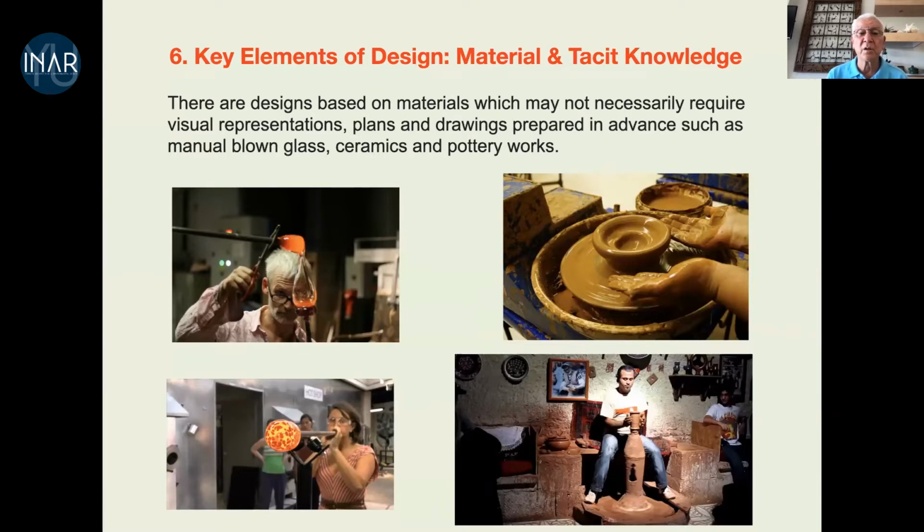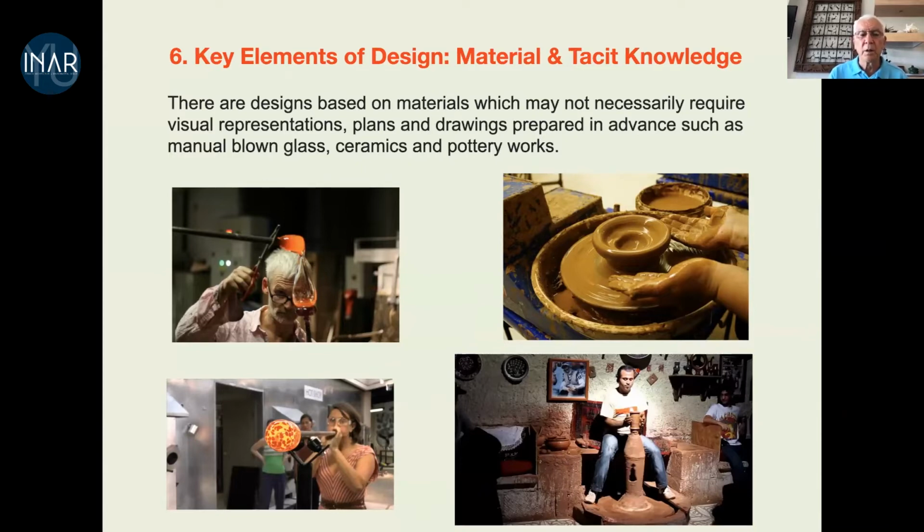So these are designs based on materials, which may not necessarily require visual representation, plans and drawings prepared in advance, such as manual blown glass, ceramics and pottery works. So the master has the idea in his mind, and produces it.